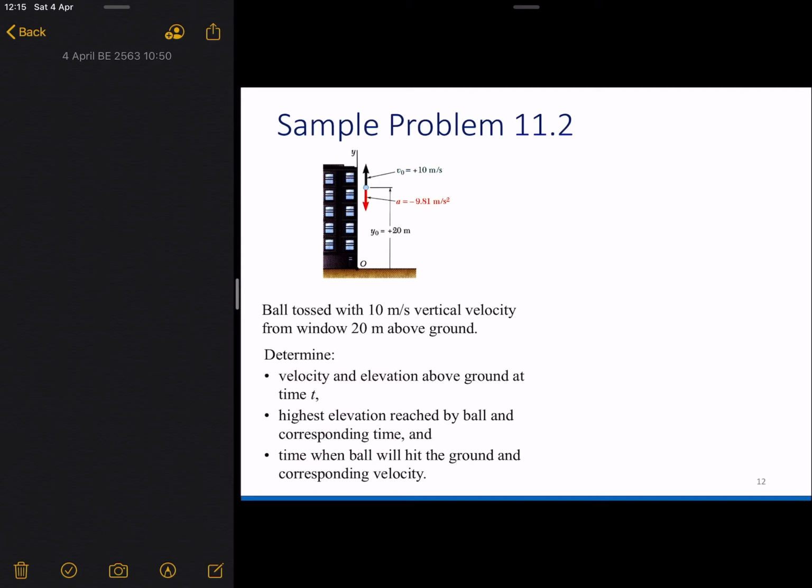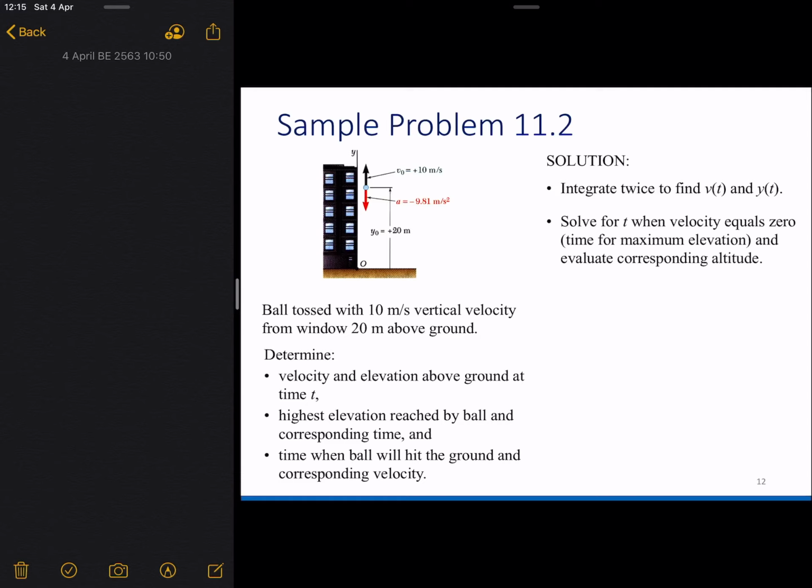Second is the highest elevation reached by the ball and the corresponding time. So we would like to know how far the ball can travel upwards, the highest peak, the highest height, and what is the time at that peak. And lastly, the time when the ball hits the ground and the corresponding velocity.